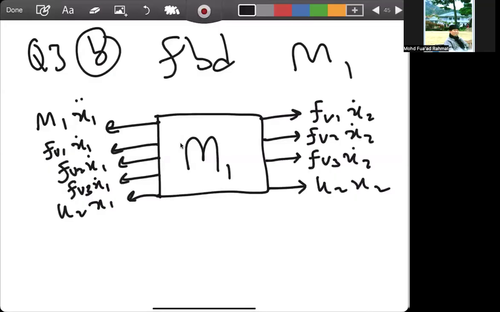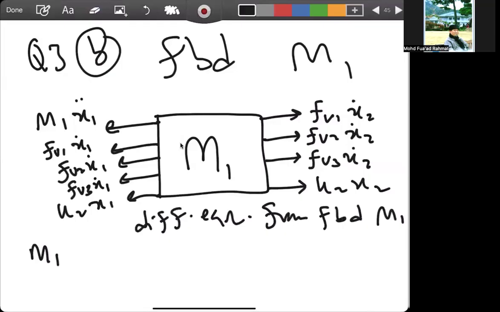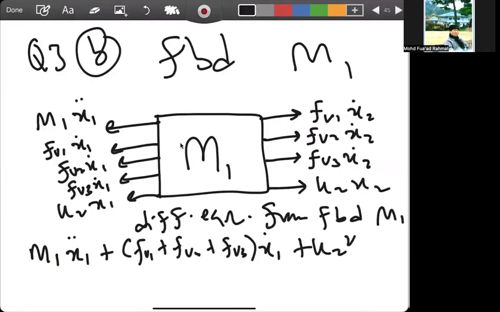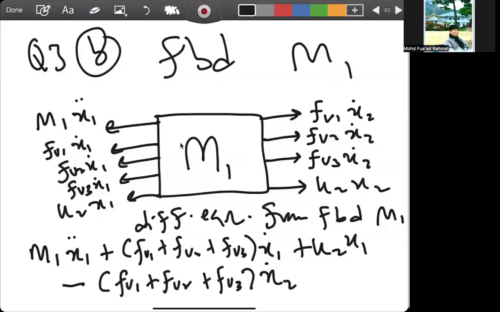So from here, you can write the differential equation from FBD M1, which is given as M1 x1 double dot plus FV1 FV2 FV3 x1 dot plus K2 x1, minus FV1 FV2 FV3 x2 dot and minus K2 x2 equal to 0.